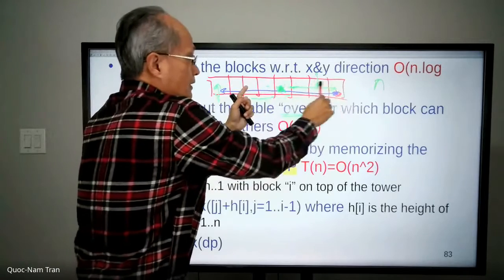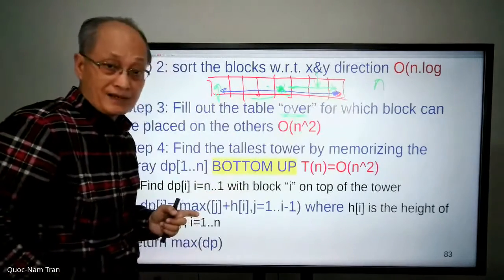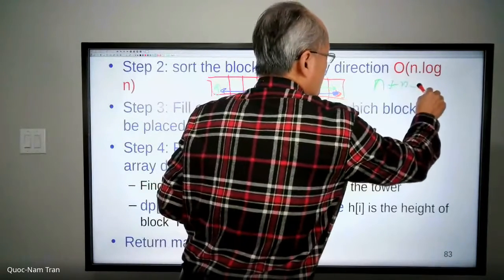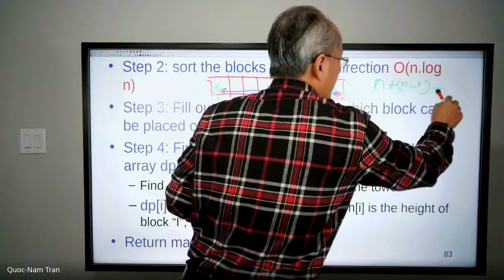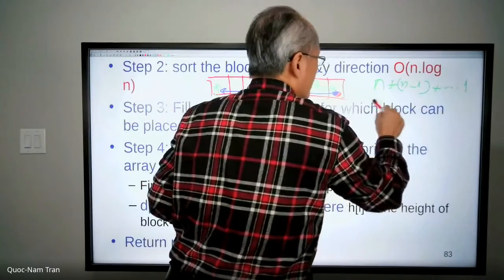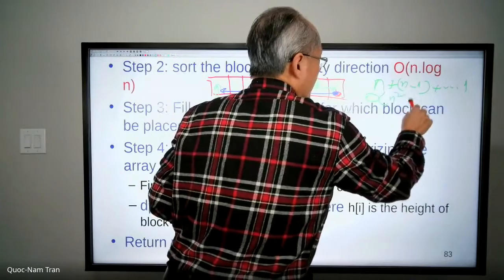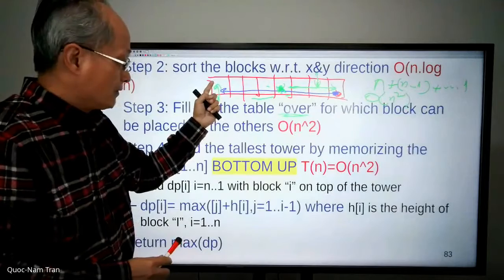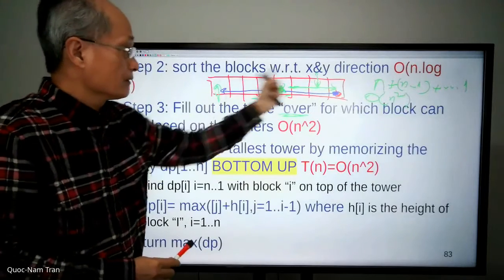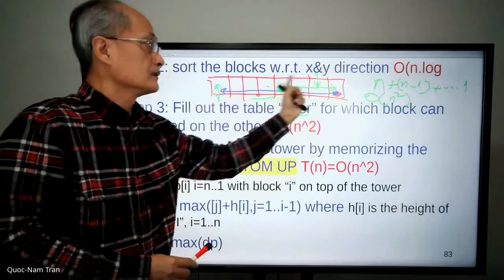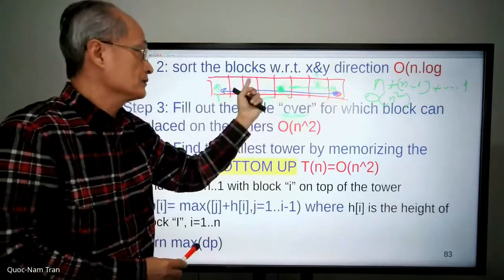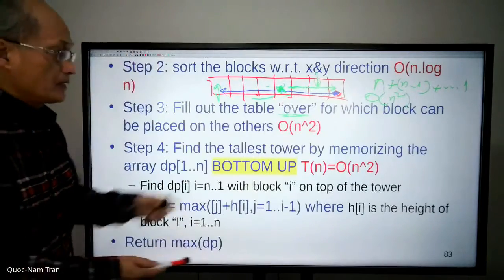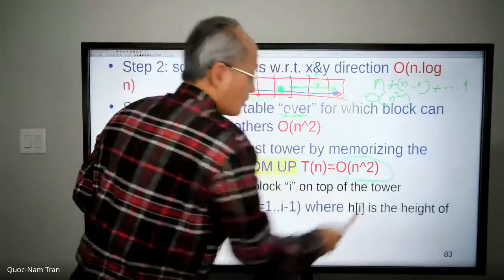This one we check n minus 3, etc. So the total number of steps would be big O n squared, because for each cell in the DP array, we have to check n minus 1, n minus 2, n minus 3, etc. So this will take us big O n squared.